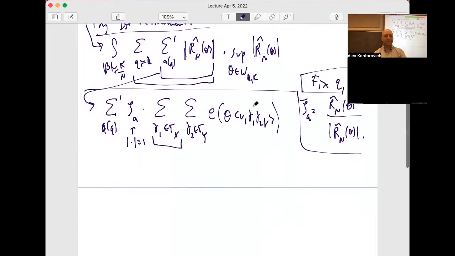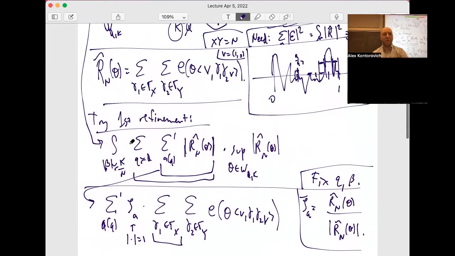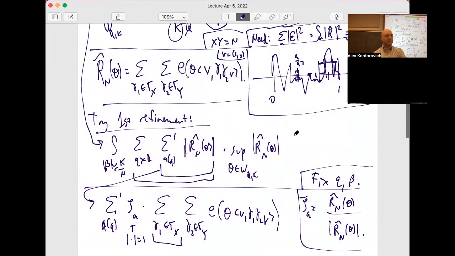Okay, that's our sum. Now, what do we need? Let's get our bearings. What do we need about this sum? What we already know is the length of this thing, which is K over N, Q, and we have this supremum bound.